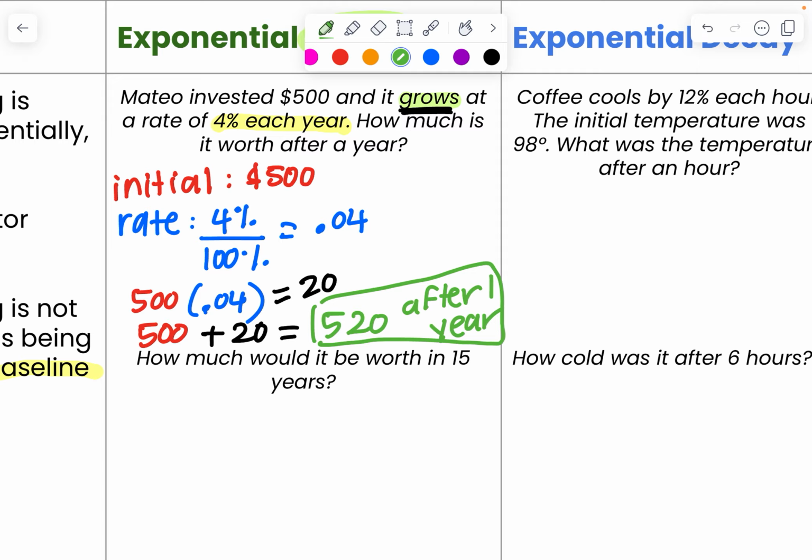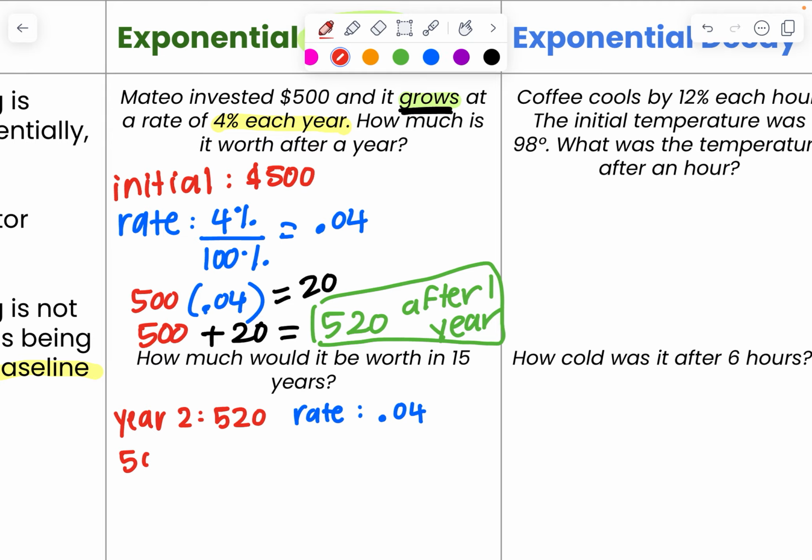So if that's after year 1, and I'm moving into year 2, now for year 2, I have $520. I still have my rate of 4%, so that's going to be 0.04. So I would perform the same calculation. I'm going to take 500, nope, not 500. I'm going to take 520, sorry. I'm going to multiply it by 0.04, right?